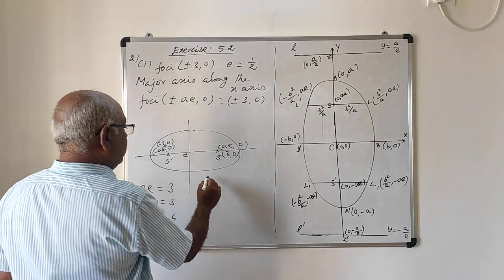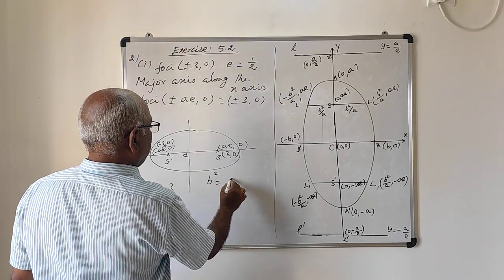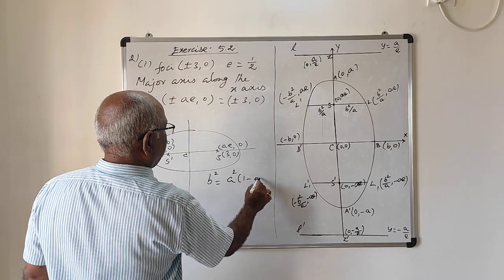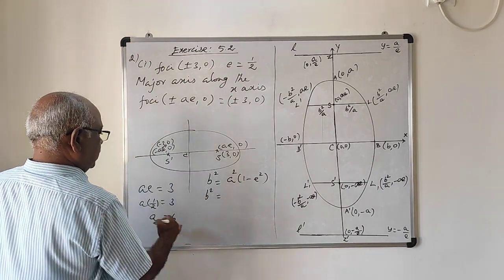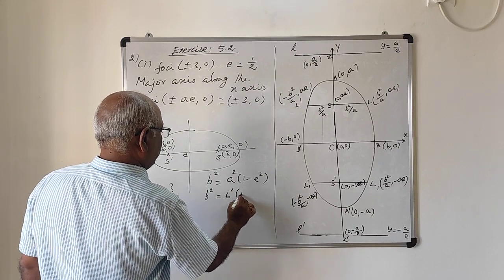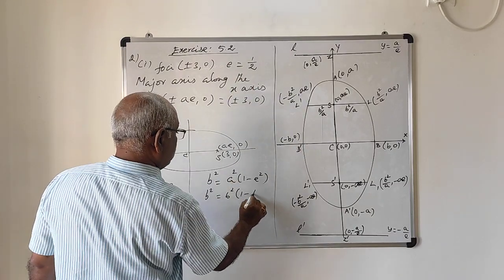What is B? We know that B square equal to A square into 1 minus E square. We want B square. A is 6, so A square is 6 square, into 1 minus E square, which is 1 by 2 square.